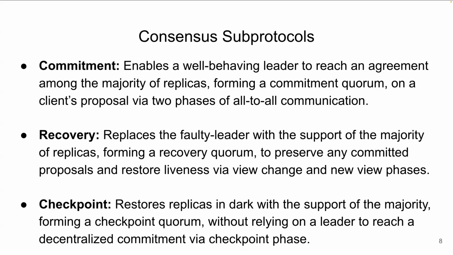Then we don't even need to worry about any transaction that has been checkpointed during our recovery, because the checkpoint says at least F+1 non-faulty replicas have committed this transaction.